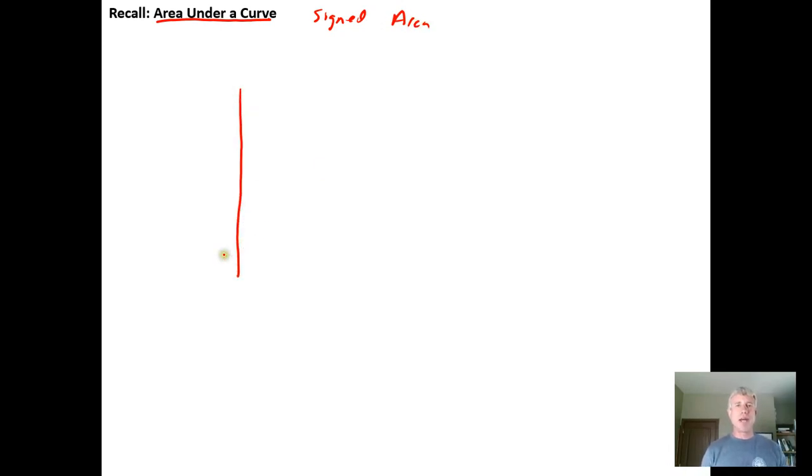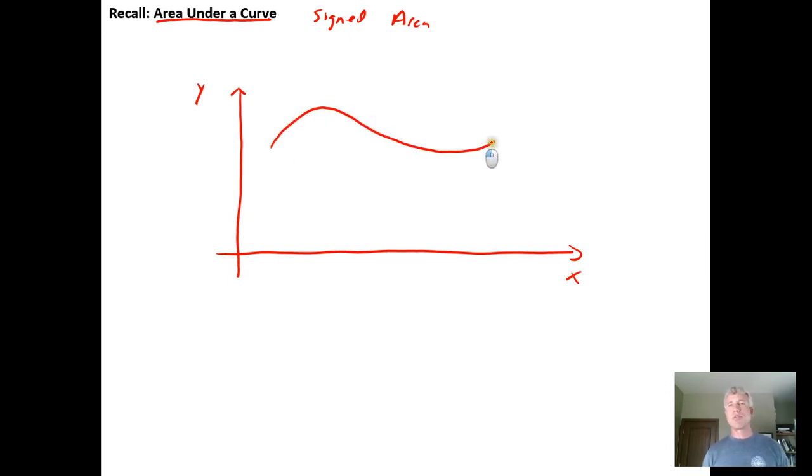We have our x and y axes, and we have some curve f of x. Who knows what it looks like? It doesn't matter. And we integrate over some interval from a to b. So we integrate between a and b.